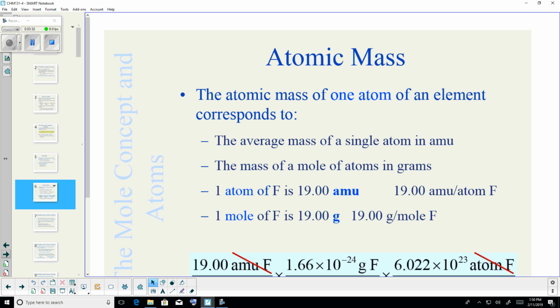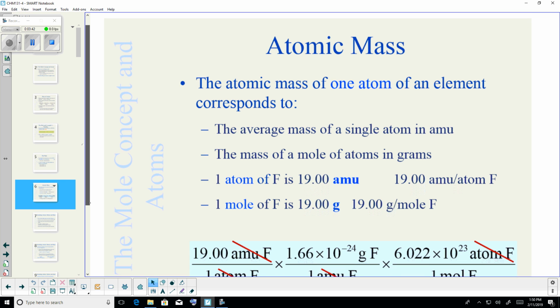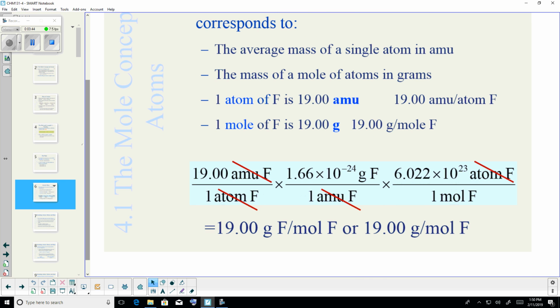So we can go back to our fluorine atom. 1 atom of fluorine is 19.00 AMU. And since AMU is 1.66 times 10 to the minus 24th grams, times 6.022 times 10 to the 23rd atoms per mole of fluorine, I could say a mole of fluorine weighs 19.00 grams.